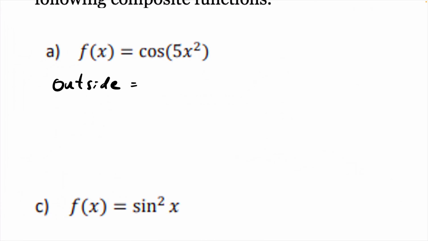Let me color code this. The outside is cosine of something. What is it cosine of? It used to be just x, but now there's a layer deep. Okay? What is the inside layer? 5x squared.